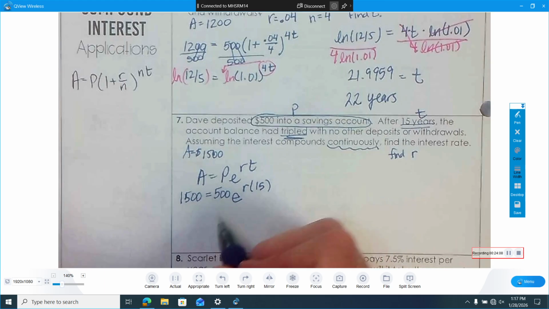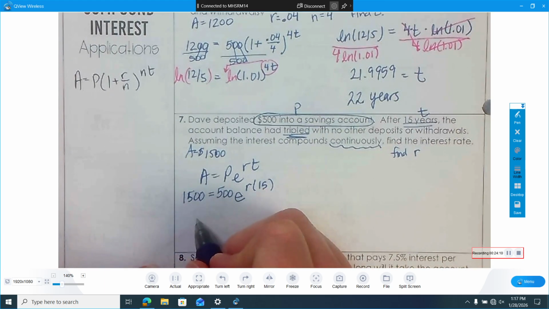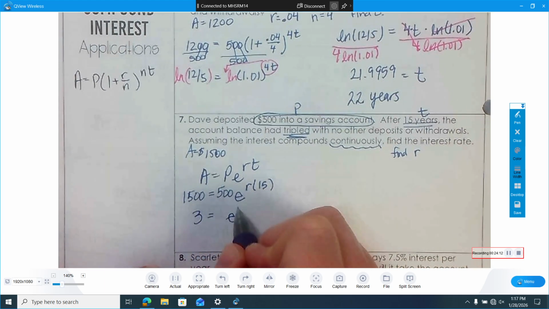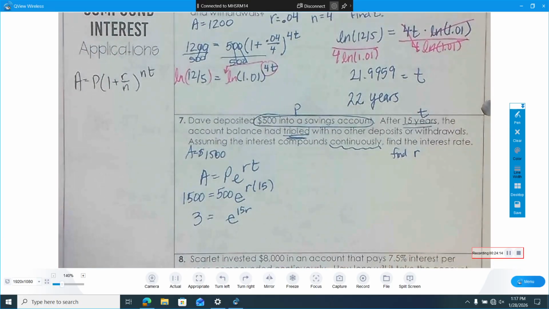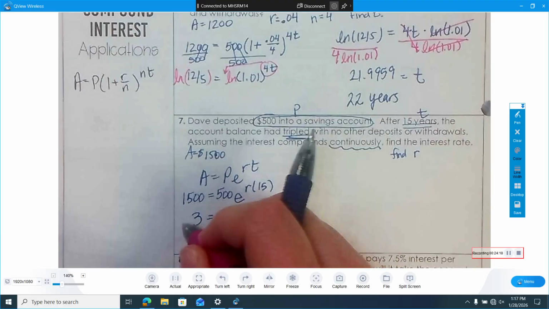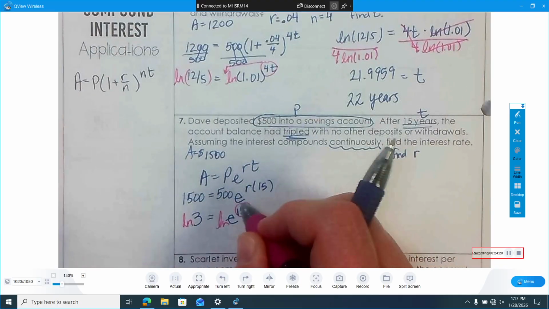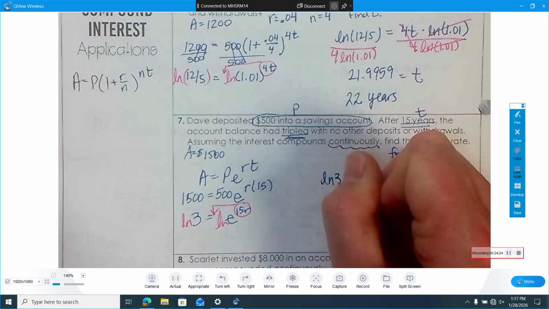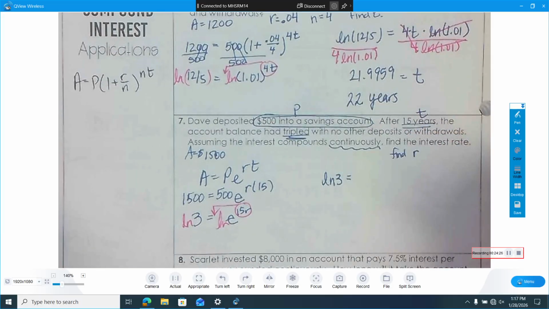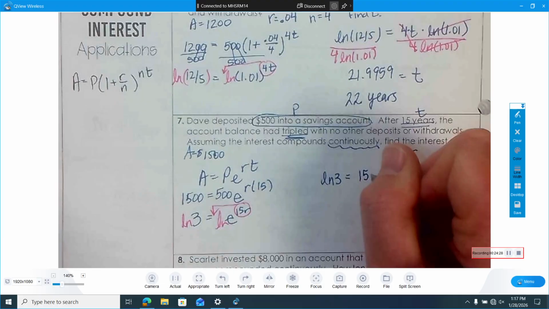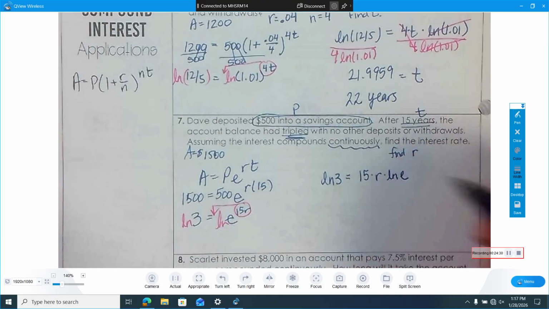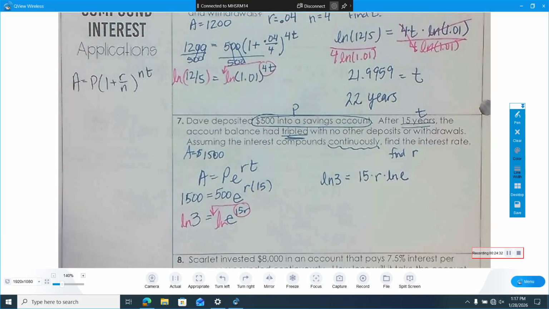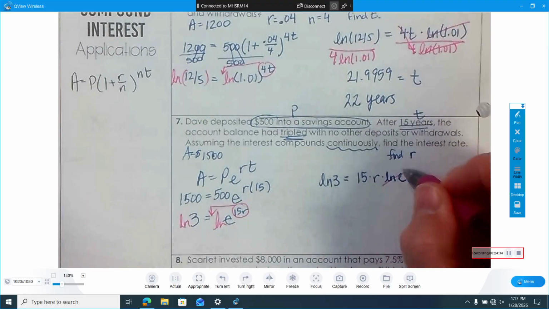Divide by 500, which gives me 3 equals e to the 15r. Then what? Natural log both sides, so my power can fall down. So I get the natural log of 3 equals 15 times r times the natural log of e. What's the natural log of e? 1.